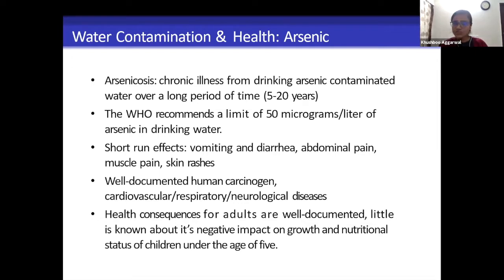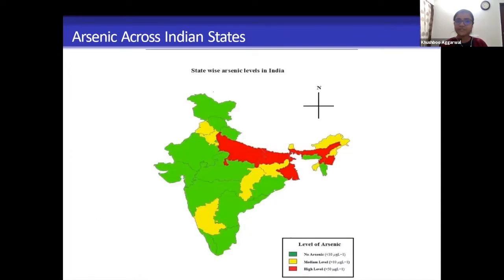There is a huge literature on adults analyzing how exposure to arsenic leads to poor health outcomes, but there have been very few studies which analyze the negative impact of arsenic exposure on child growth measures and nutritional status, especially for children in the age group of 0 to 5 years.